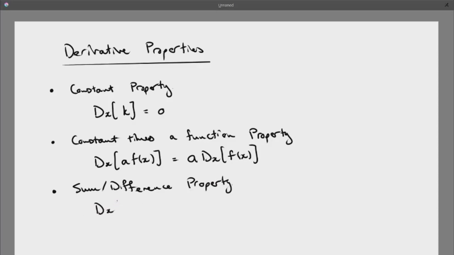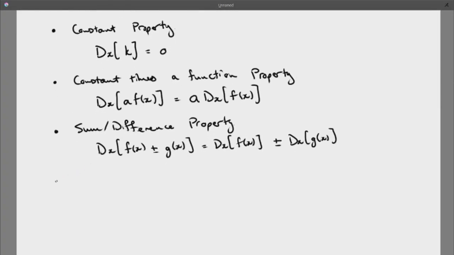The derivative of two terms, two functions added or subtracted, is simply the derivative of each one added or subtracted, depending which one was done originally.